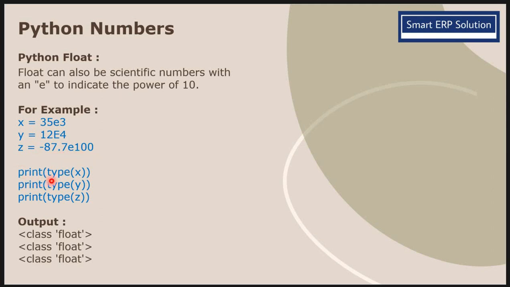If we write print type x, print type y and print type z, then also it will be displayed as float variable, like class float and class float. For all these three variables, Python will consider them as float variables. Any number with exponential form, Python will consider as a float variable.